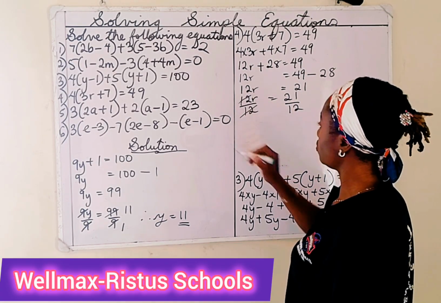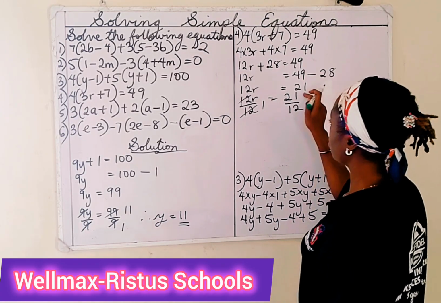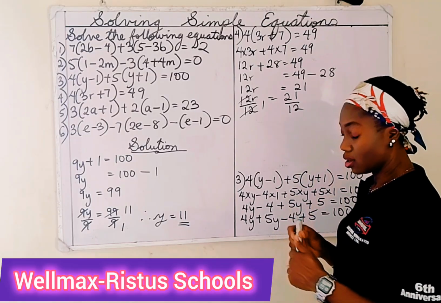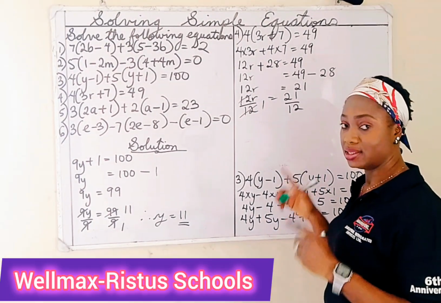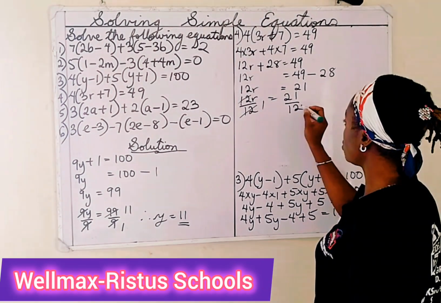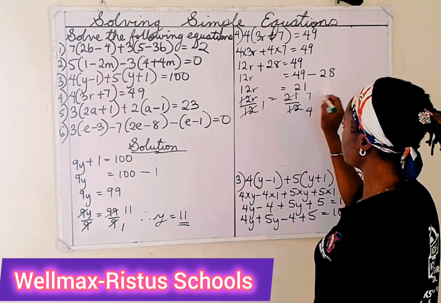12 goes in 12 once, right? But 12 cannot go into 21, so we're going to reduce the fraction with a number that can go into both the numerator and the denominator, and that number is 3. 3 can go into 12 to give us 4, and can go into 21 to give us 7.